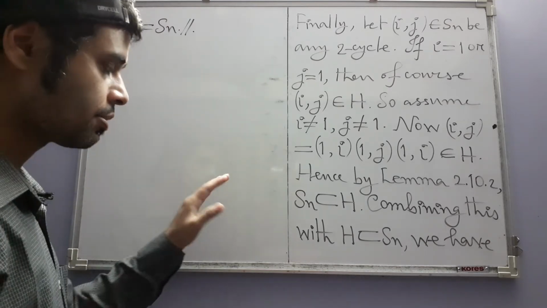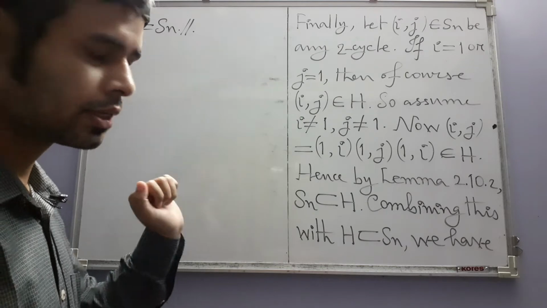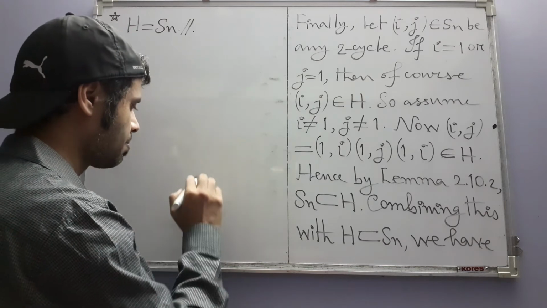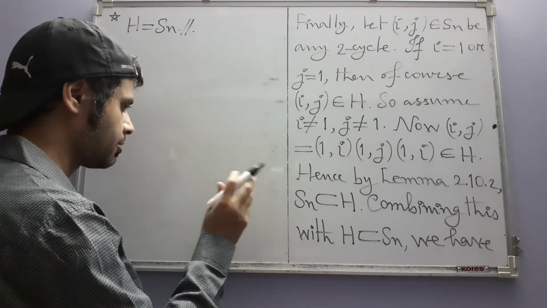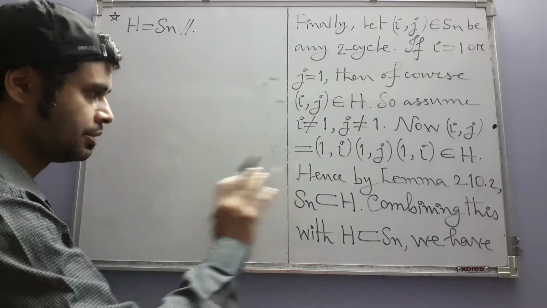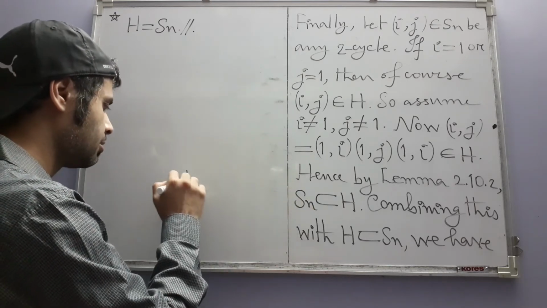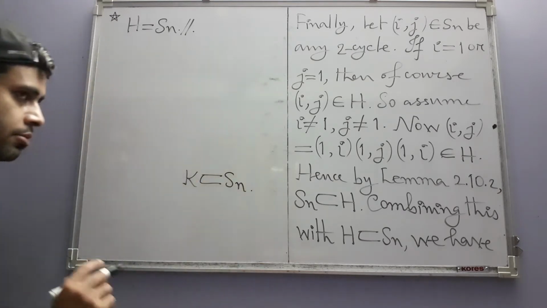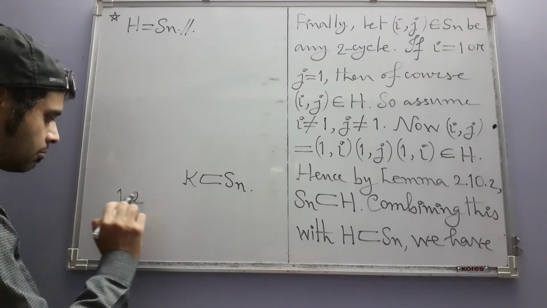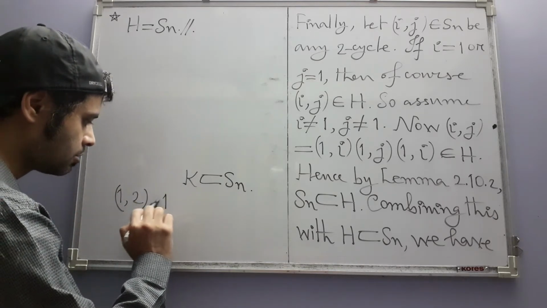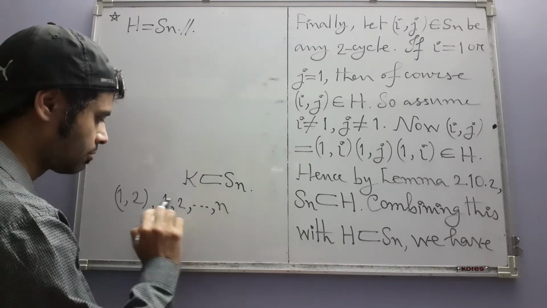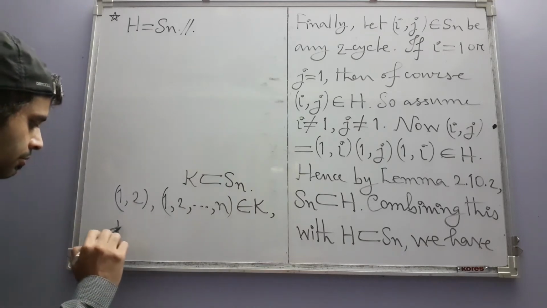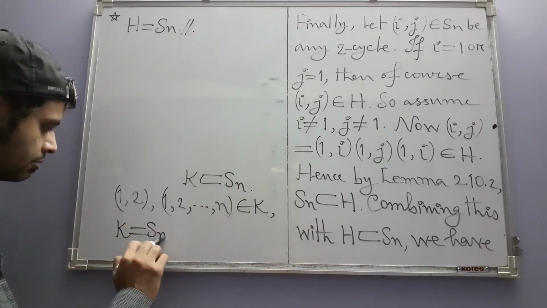Do you see that the result in this exercise tells us something else also, namely that if you have a subgroup, not necessarily a subgroup generated by these two things, but any subgroup, say K, of your symmetric group Sn, such that these two things belong to K, then K must also be equal to Sn.